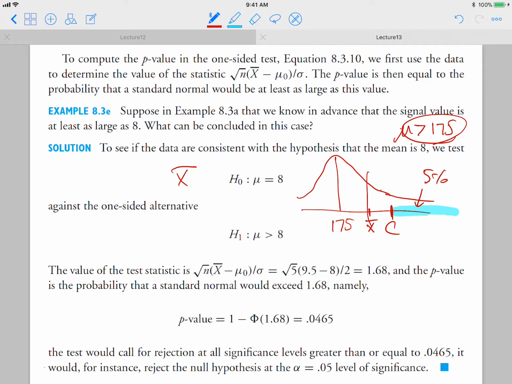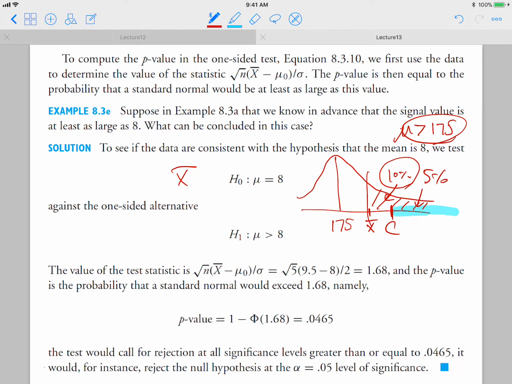I want to point out the direction of computing the p-value. In this case, it can be maybe 10%, for example. So that will be our p-value, and this p-value is greater than the allowed probability of type 1 error of 5%. So in that case, we cannot reject the null hypothesis, right?